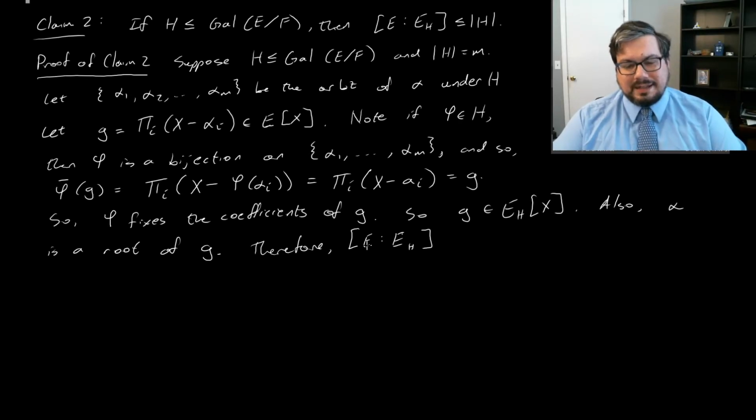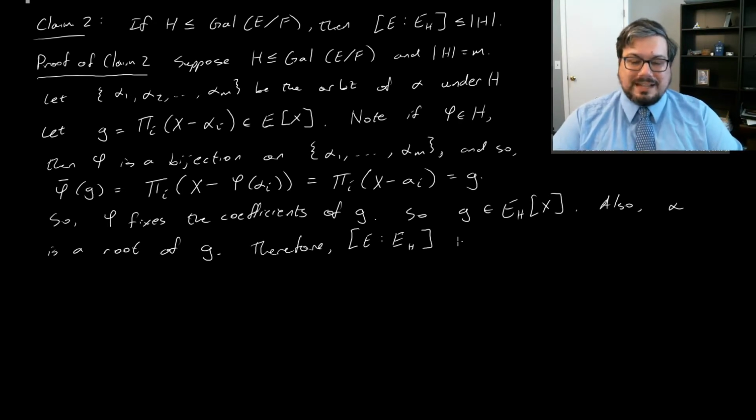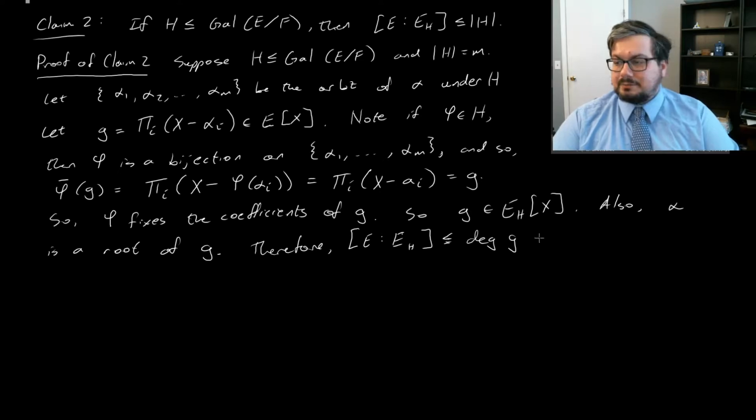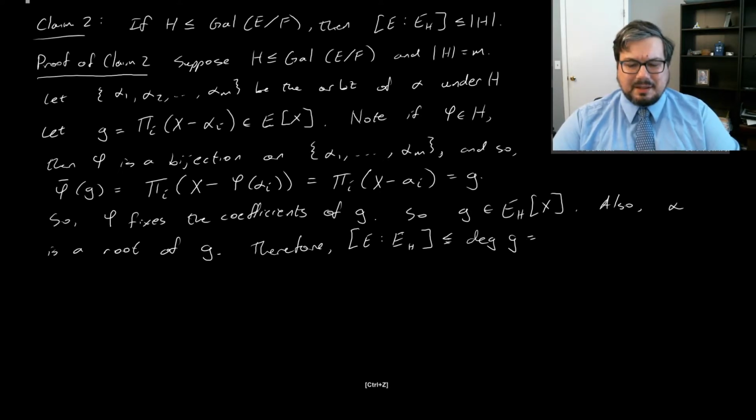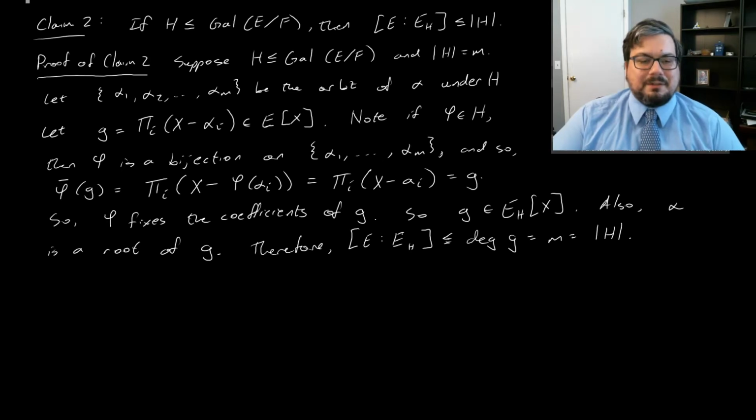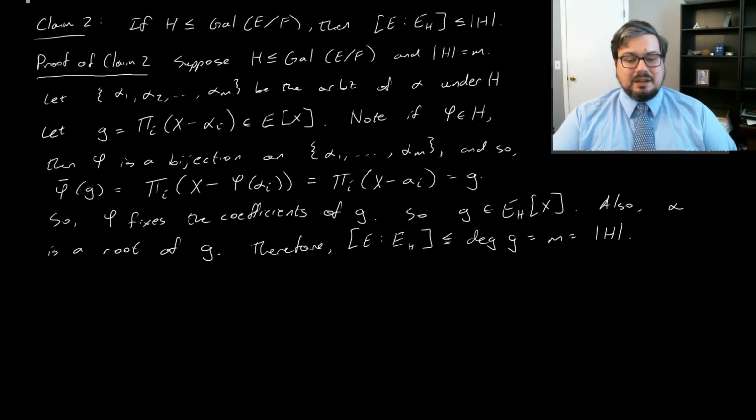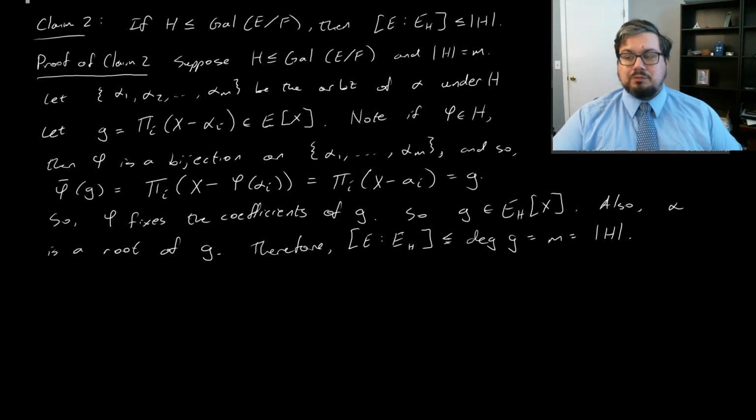Therefore, the order of E over E^H is less than or equal to the degree of G, which is m, which is the order of H. So we've got this other inequality. So that proves claim 2.